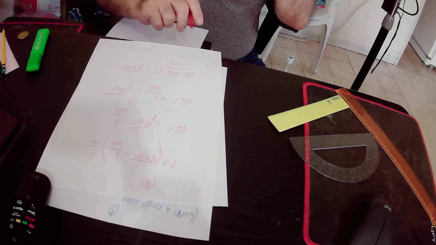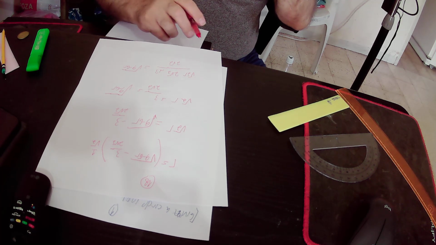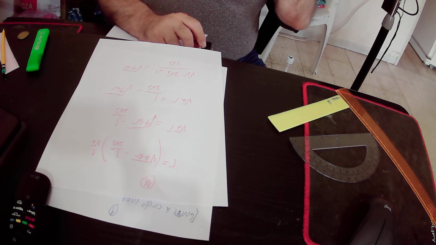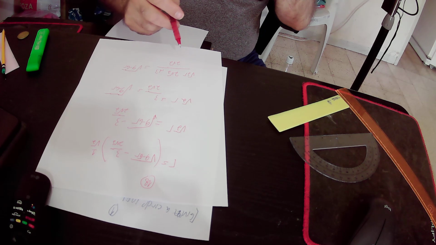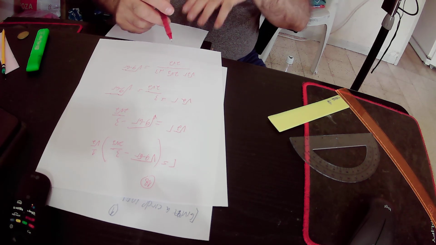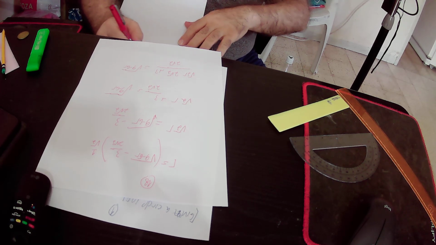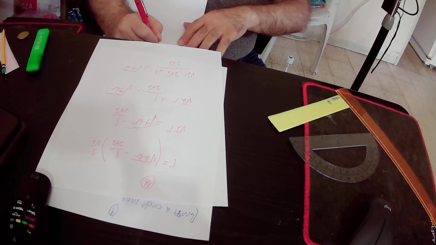So here root 2 times root 2 is 2, and 2 times 2 is 4, so in total we will get that here in the numerator 4r plus 3 equals to the root of 9 minus 6r.